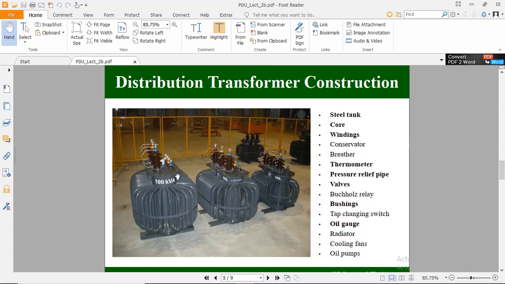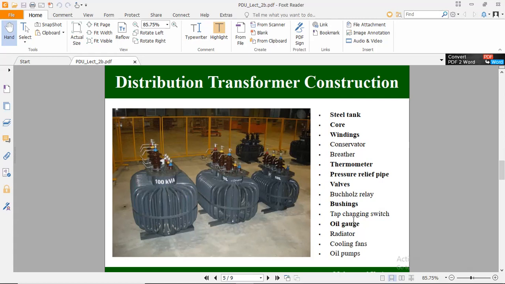Bushings: there are two types of bushing, LV bushings in small size, and HV bushings in large size. So these are the high voltage bushings, and these are the low voltage bushings, and these are also called the LT bushings, and these are also called the HT bushings.